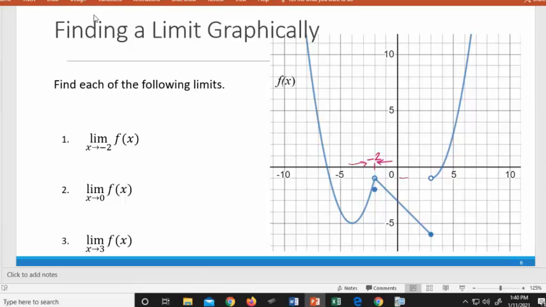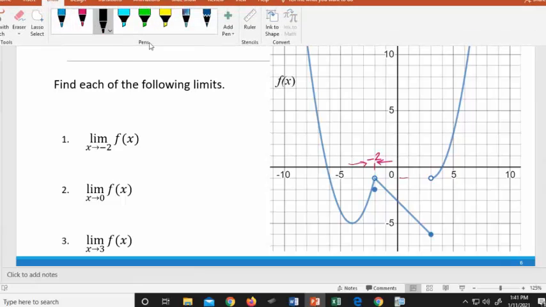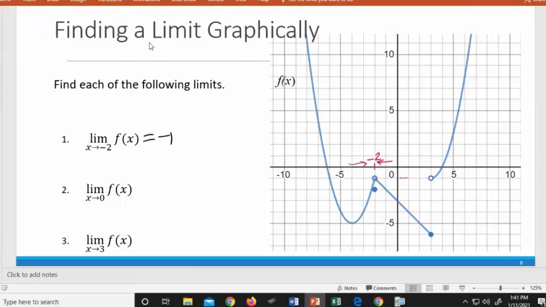It's not, is it? Because look, the function value is actually -2. I'm not concerned about this point. I'm concerned still about what the function is approaching on the left and on the right-hand side of x equals -2. And so we're definitely going to say -1. Does that make sense?